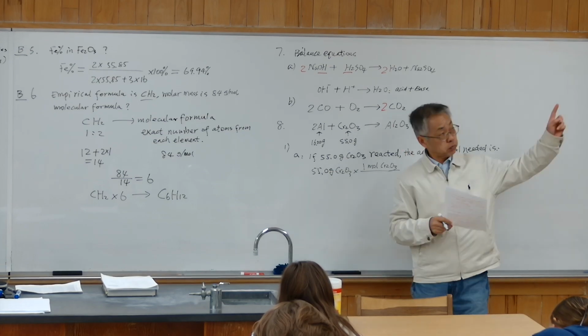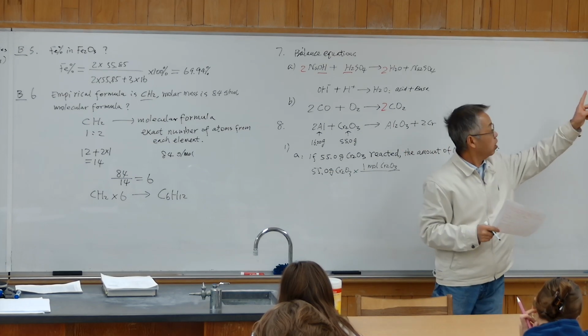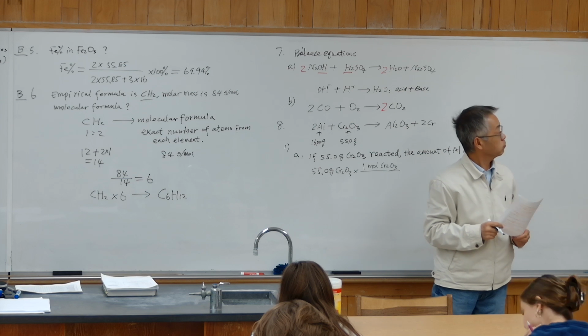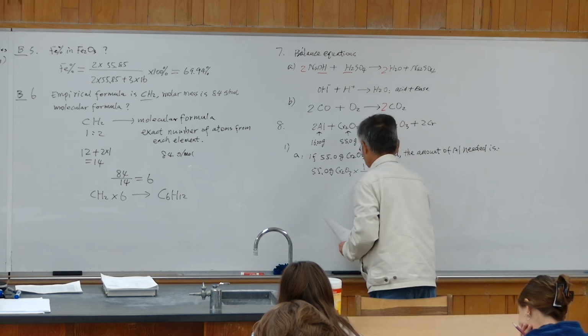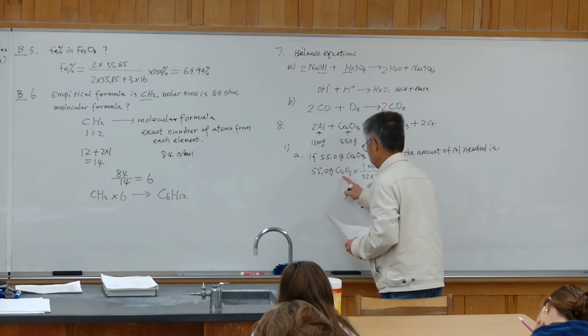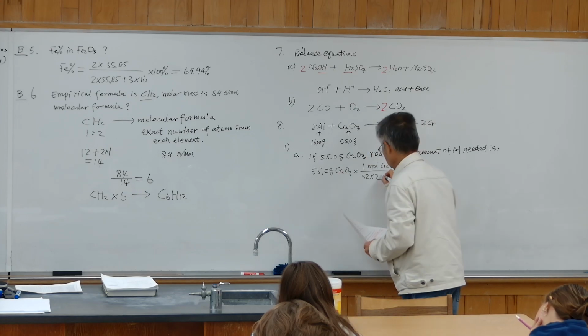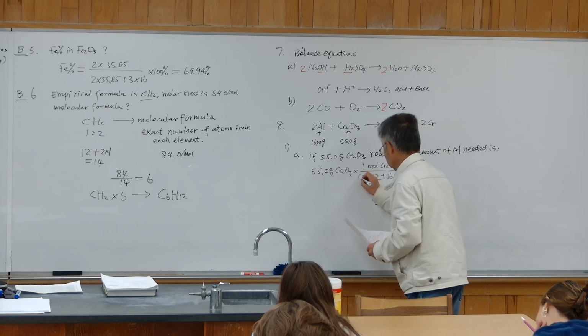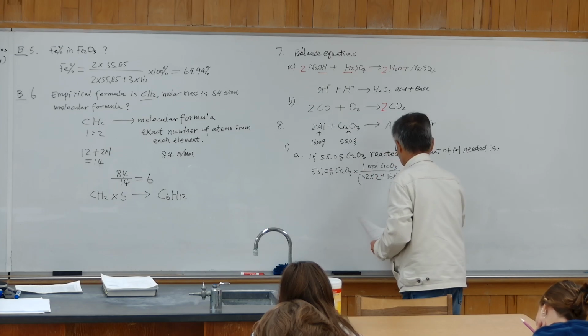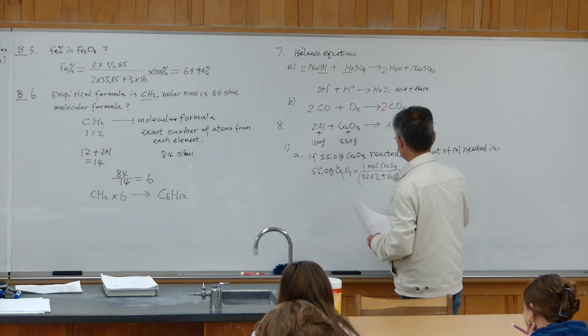You can use the periodic table. Cr molar mass is 51.996. You can use 52. So 52 times 2 for Cr2, right? And oxygen is 16 times 3. We convert mass into mole.